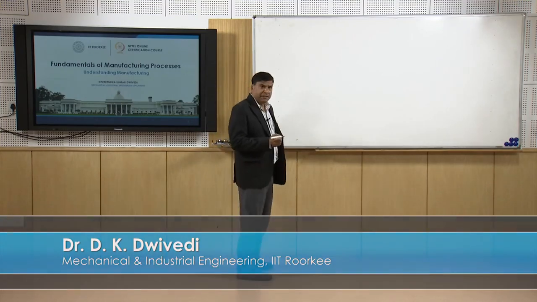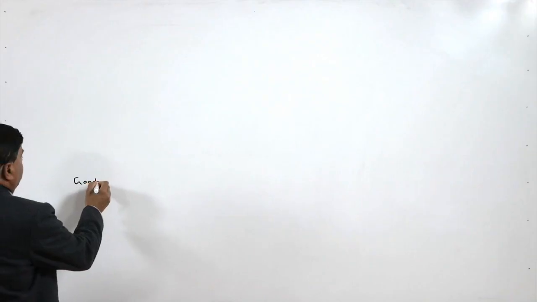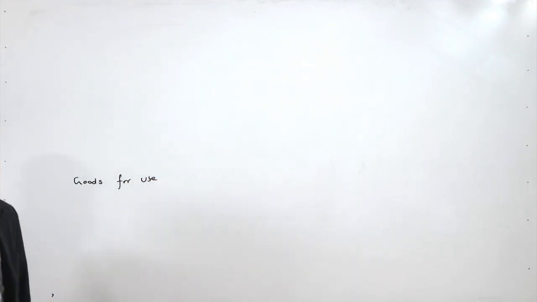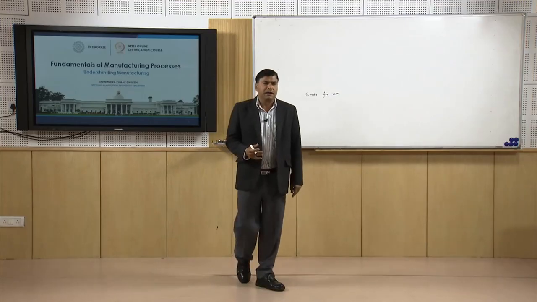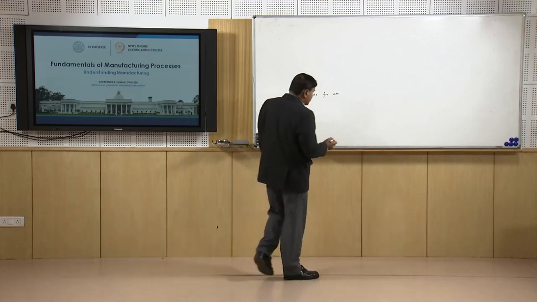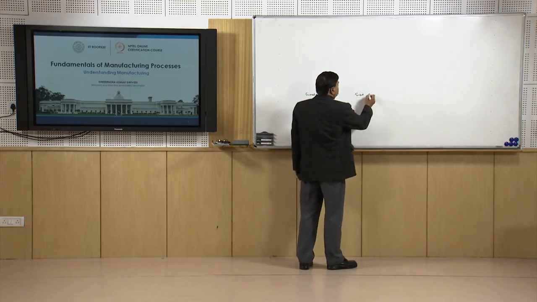Manufacturing is used for producing goods for use by human beings, and these goods are for providing the desired service. It is necessary that they have the desired size and shape.